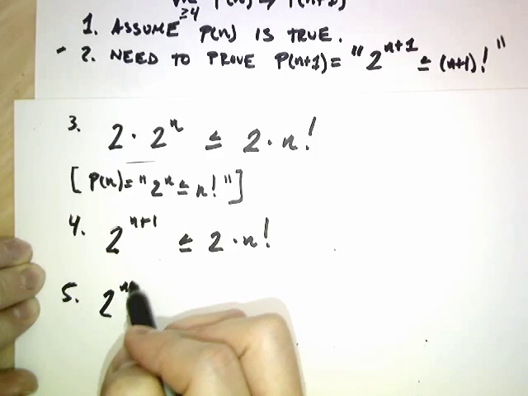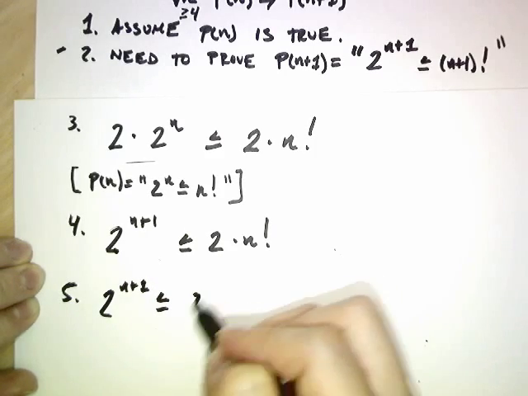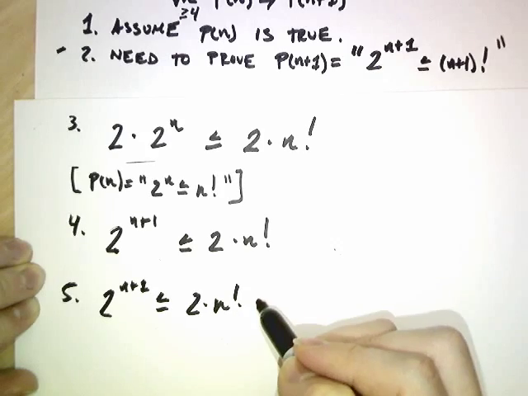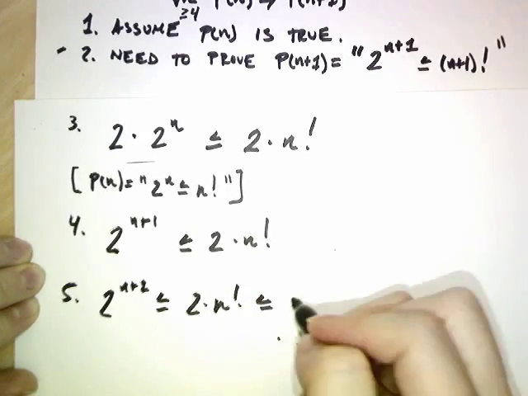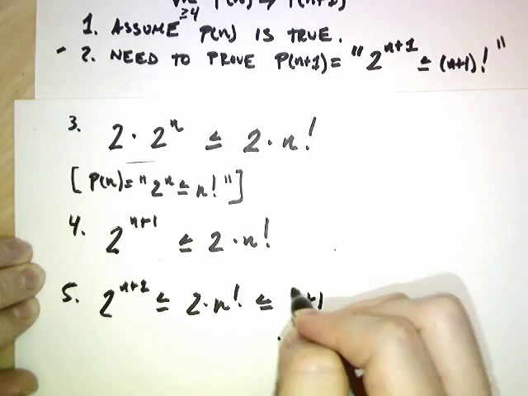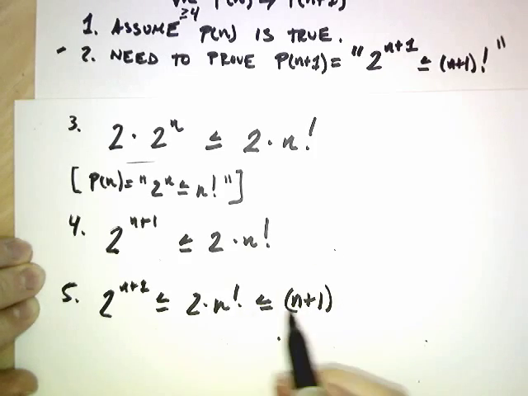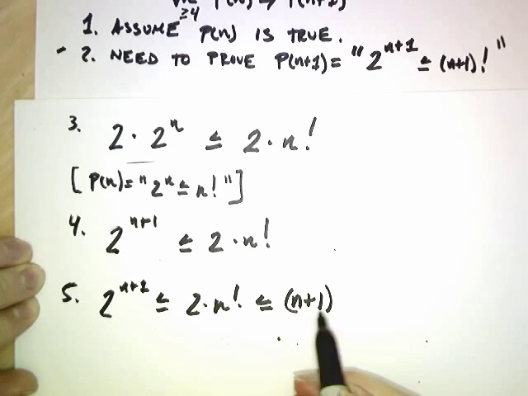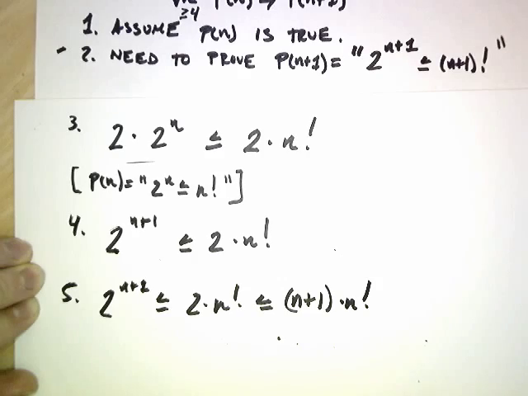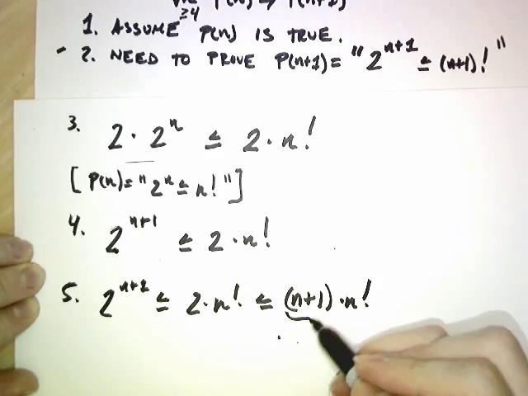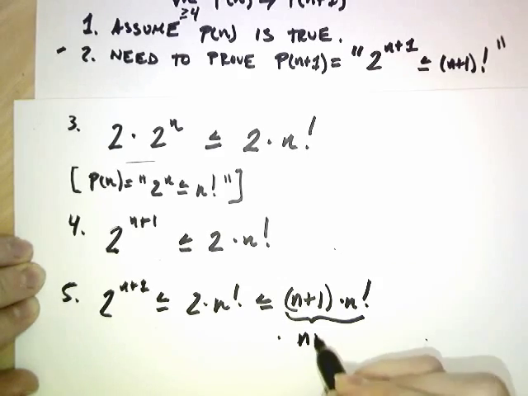So 2 to the n plus 1 is less than or equal to 2 times n factorial, which is less than or equal to, this 2 here is less than or equal to n plus 1, because we said n was at least 4, so n plus 1 is certainly bigger than 2, times n factorial. And now this is n plus 1 factorial.